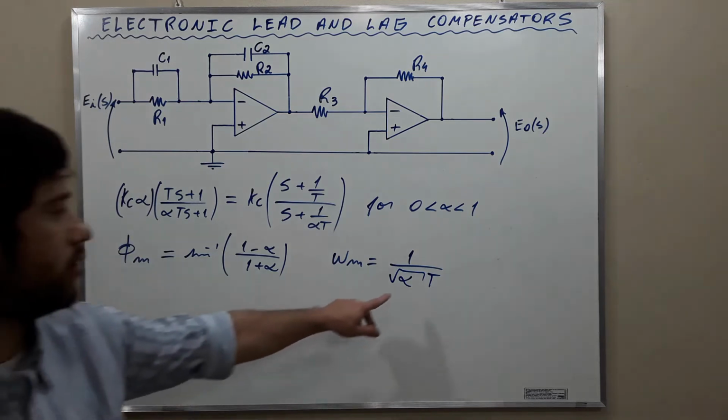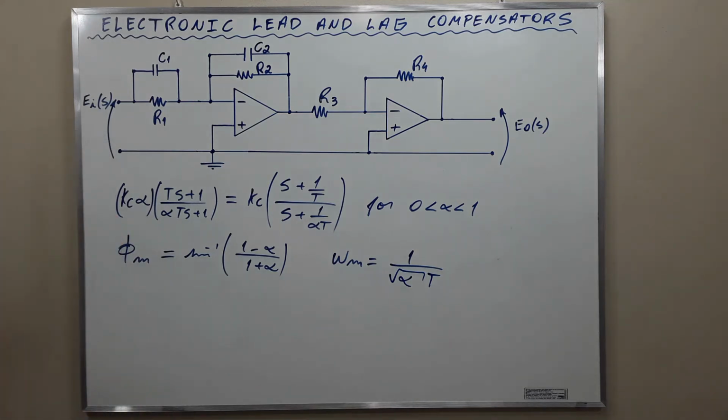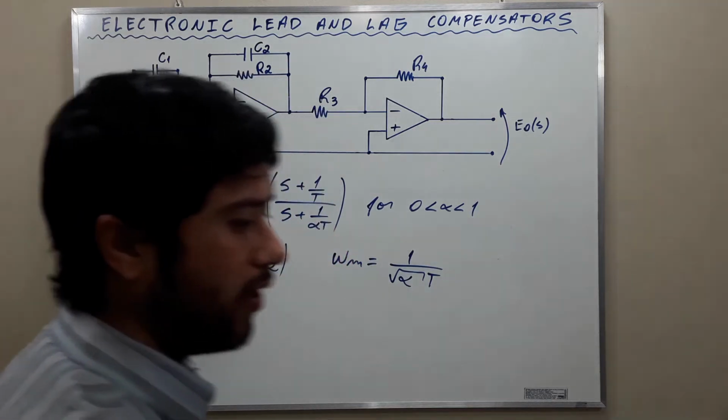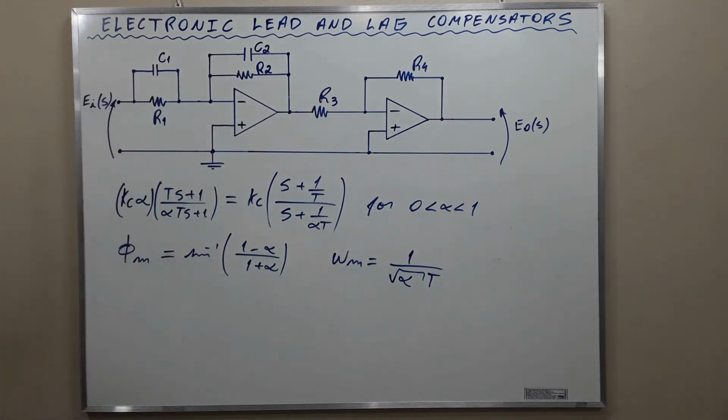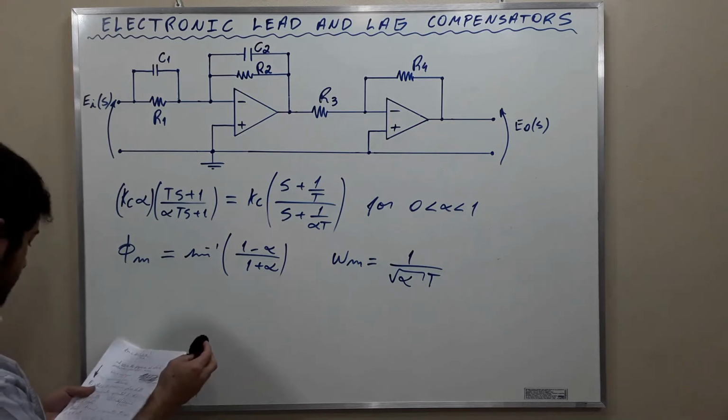Not 2, this is alpha. The square root of alpha times T. Okay? Now let's go to the exercises. We are going to solve one exercise here that involves all these concepts about phase shift provided by the phase lead compensator. Okay.